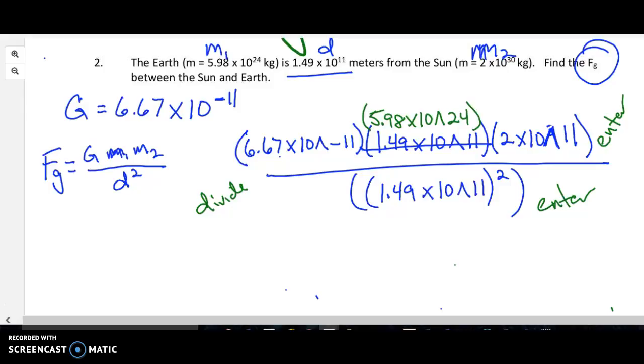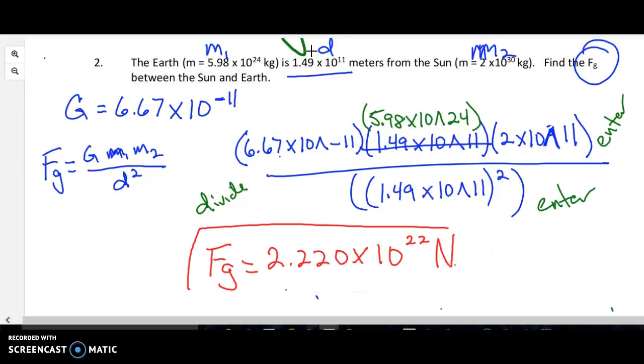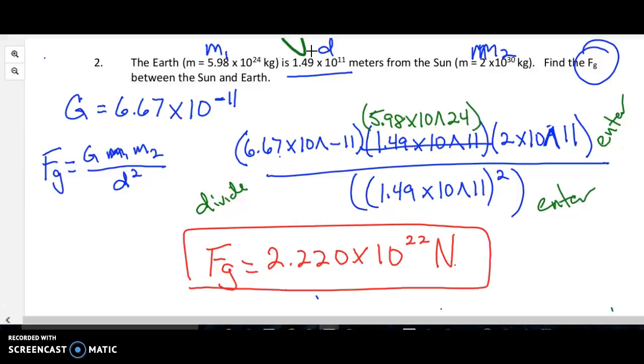I have my final answer, and the force of gravity is equal to 2.220 times 10 to the 22nd power newtons. There's your answer. And done.